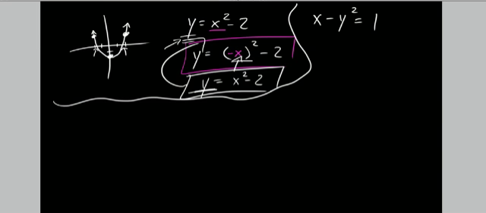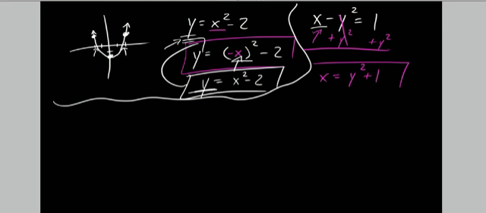In this instance, I'm going to start by making a table, but I think it's going to be easier to isolate x. The only reason I say that is because this x value right here doesn't happen to be squared. So nothing wrong with this. What we'll do is add y squared to both sides. Gone. Okay, so we say x is equal to y squared plus 1.